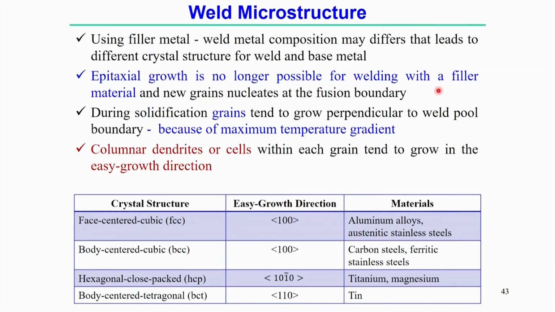Then hexagonal close-packed structures, titanium and I think magnesium, and the body-centered tetragonal structure, tin, have the easy growth direction 110, that means along the face diagonal of a unit cell.